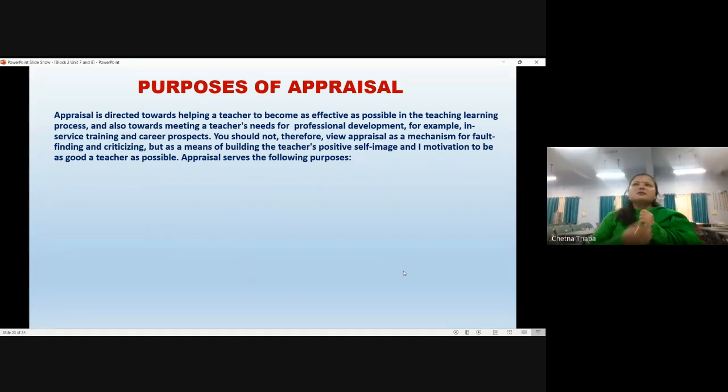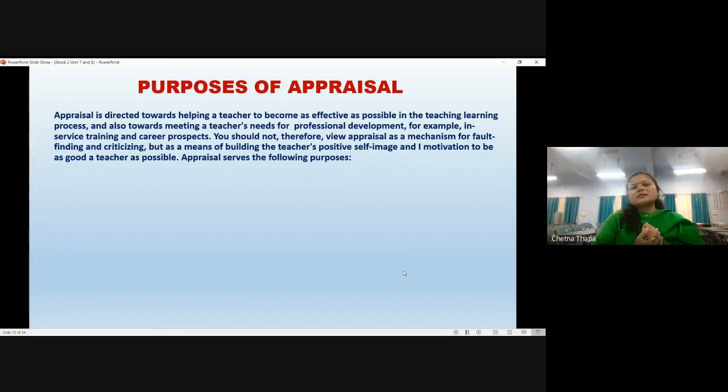An appraisal is always directed to help a teacher become as effective as possible in the teaching learning process, and also to know the needs of the teacher for professional development.